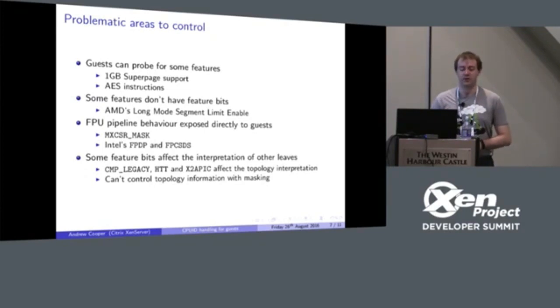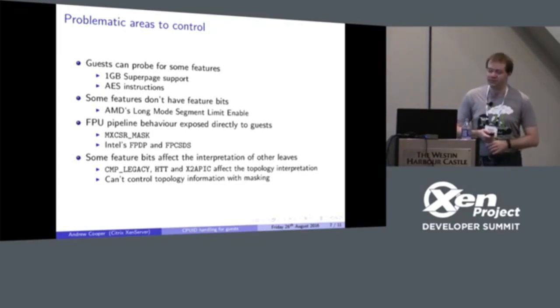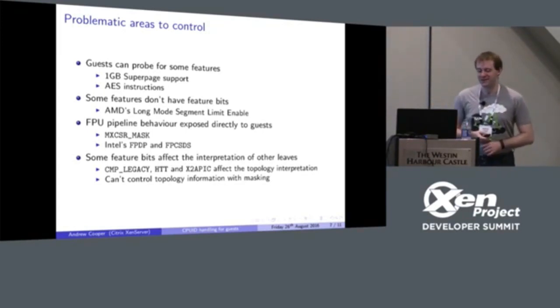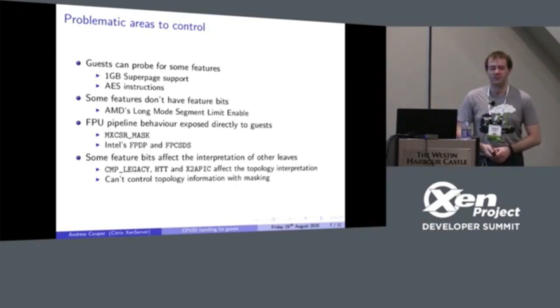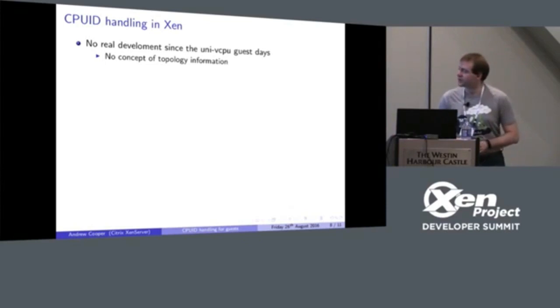So as we can't control the other information, we shouldn't control these, otherwise the guest will get even more confused when its topology information looks wonky. Realistically, it doesn't matter too much. They look at it on boot and don't really care thereafter, so it's not actually too much of a problem that we can't affect those, but it does make the logic for it a little bit tricky.